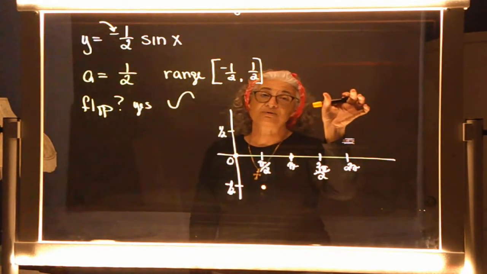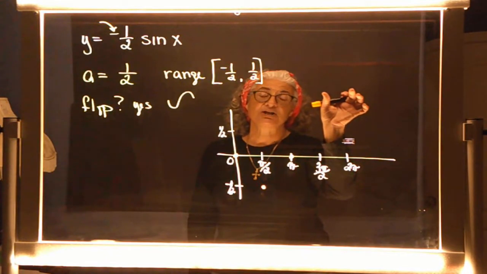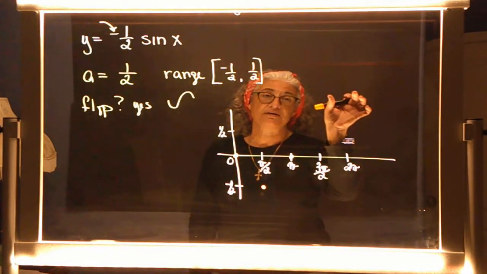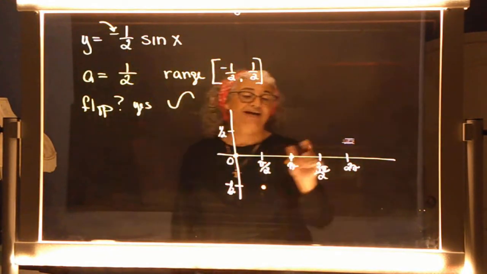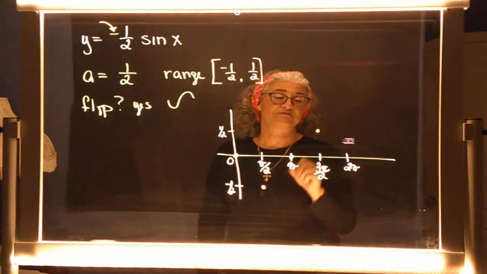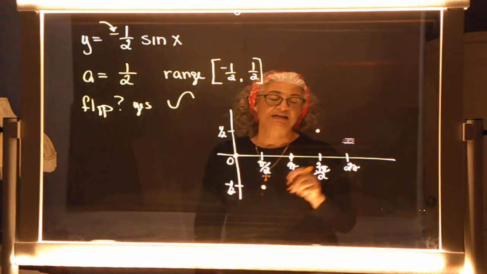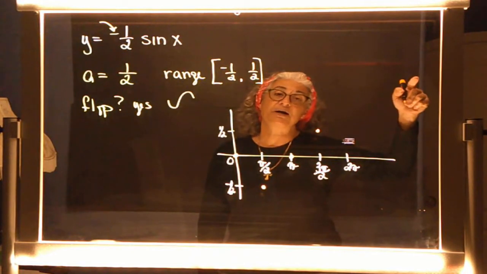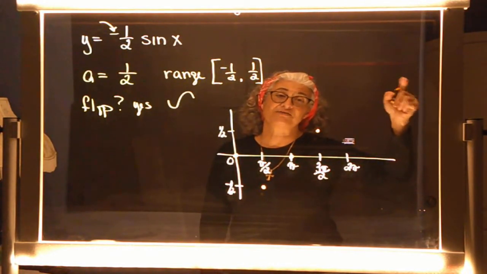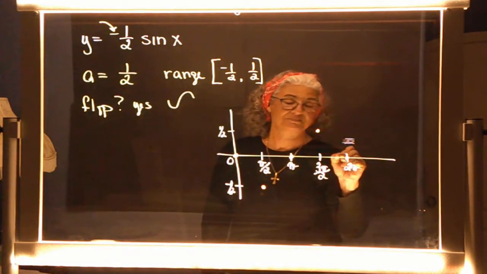Sine is the y coordinate, so what's the y coordinate at 3 pi over 2? Good, that's a negative 1, but you're going to multiply it by a negative 1/2, which gives you a positive 1/2. Agreed? Complete the circle, go back to 2 pi. Yeah, that was 0, and 0 times a negative 1/2 is still 0.